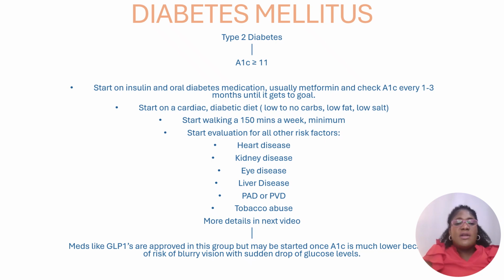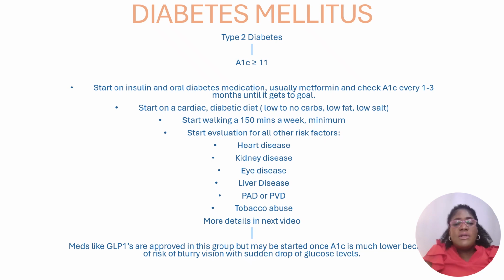So you would be started on insulin because of the degree of severity or advanced diabetes that's seen here, because with oral meds it could take years to get your A1C down to under 6.5, and during that time there's going to be continuous progression and destruction of your heart, your kidneys, your eyes, your liver, your blood vessels.